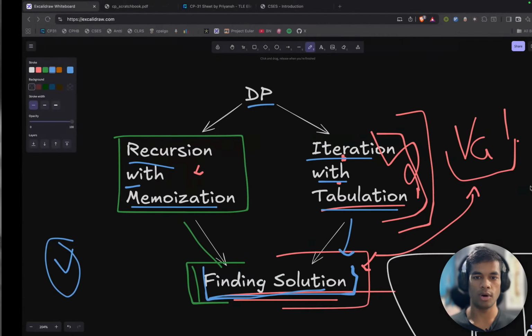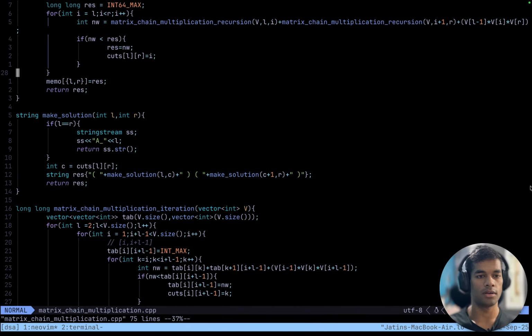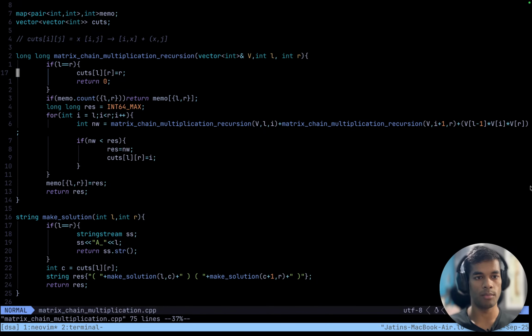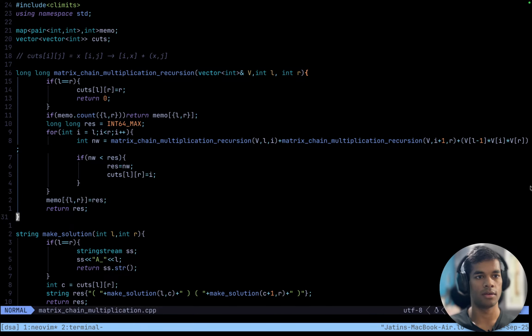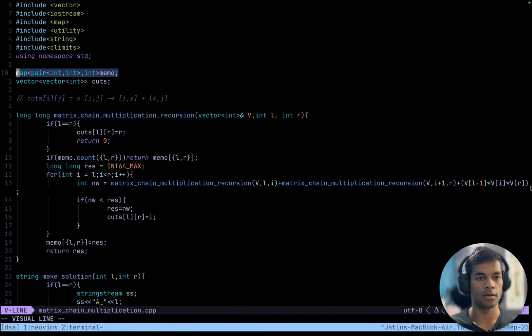For memoization, I was using this map right here, from a pair of integers to an integer. I could instead use a vector of vectors of integers, and now both are equivalent.